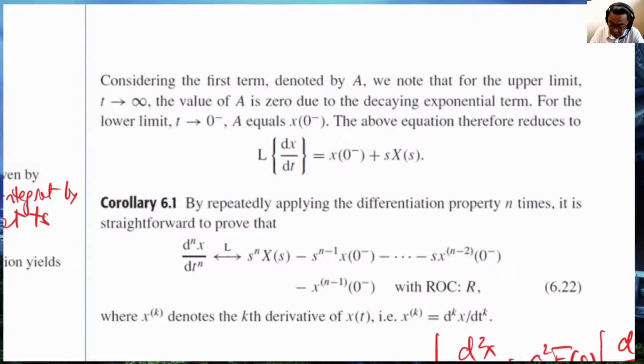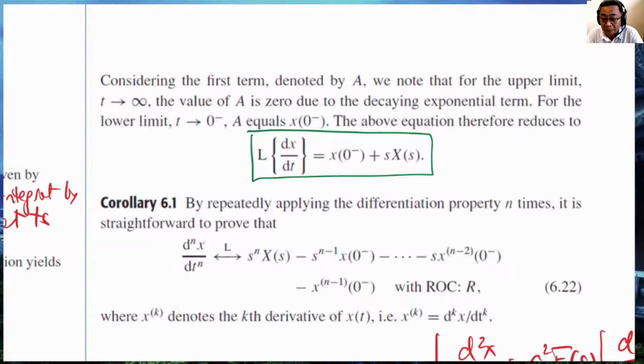Of course, typically we just use this result: the Laplace transform of a differentiation is simply s times X(s) minus x(0). There should be a minus sign here.